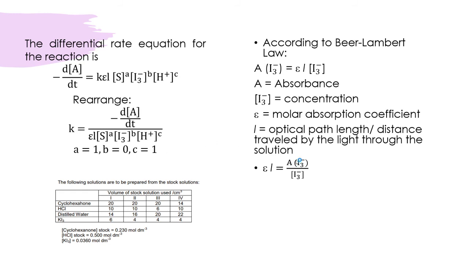So you can find this value by measuring the absorbance of the I3 minus with respect to its concentration. So for each trial you can actually find the values of the rate of reaction. So you have 4 trials with 4 different rates of reaction.